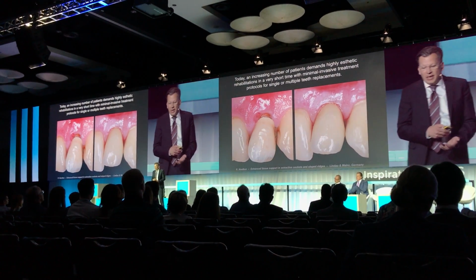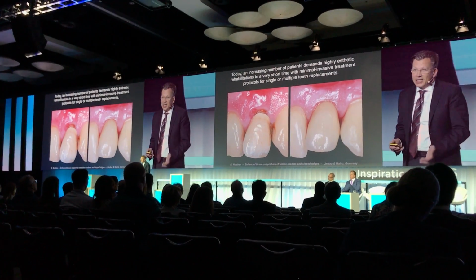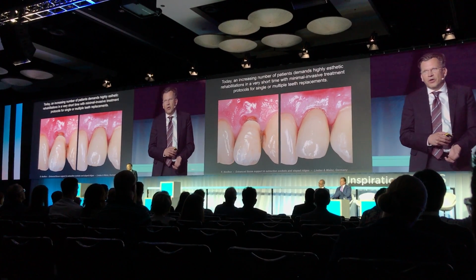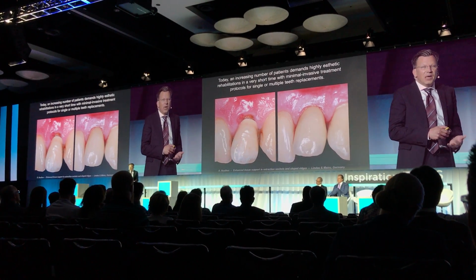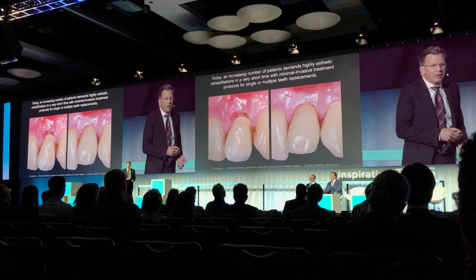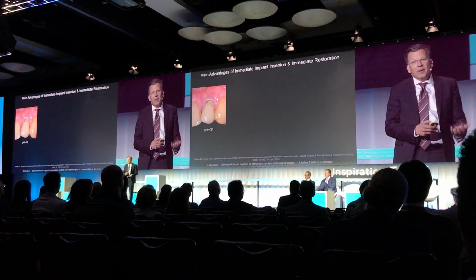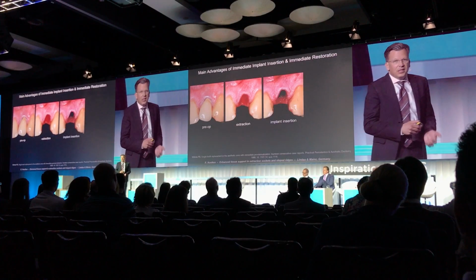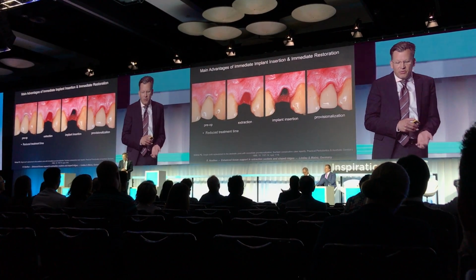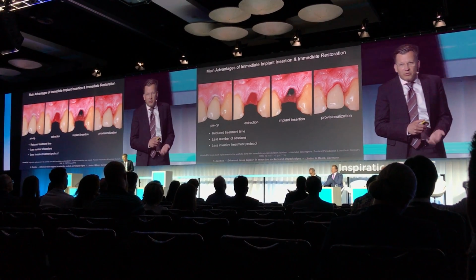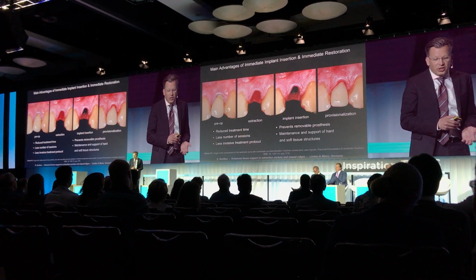Today, an increasing number of patients demands highly aesthetic rehabilitation in a very short treatment time with minimally invasive protocols for single or multiple teeth replacements. The main advantages of immediate implant insertion and immediate restoration are the reduced treatment time with fewer sessions.